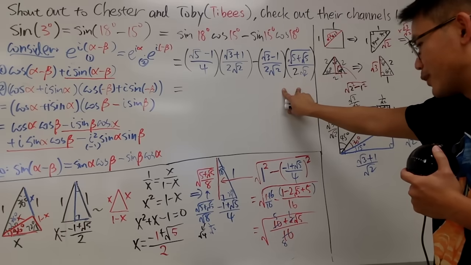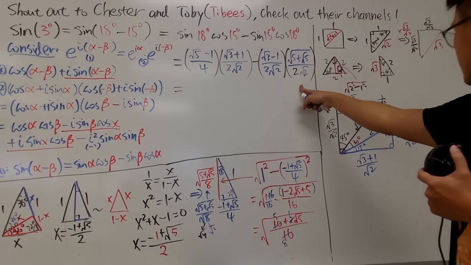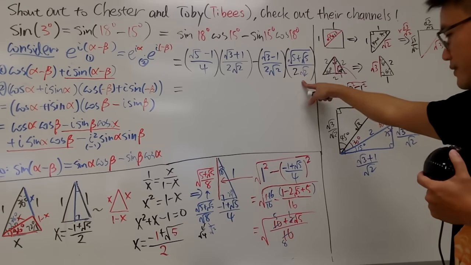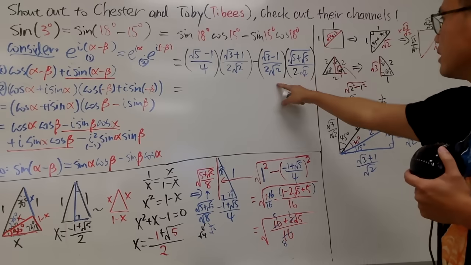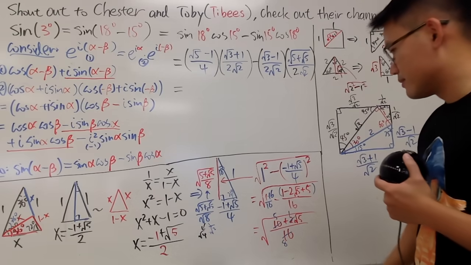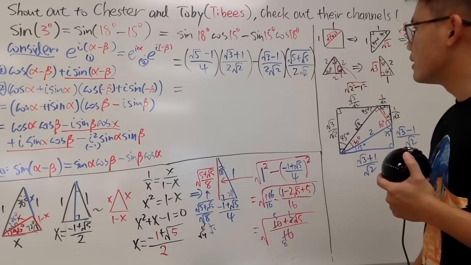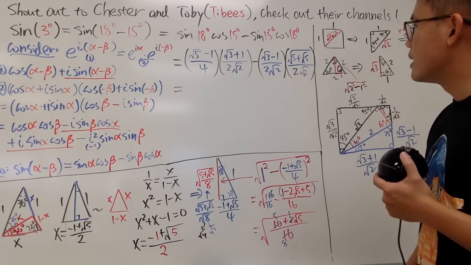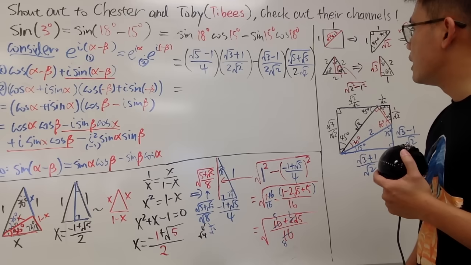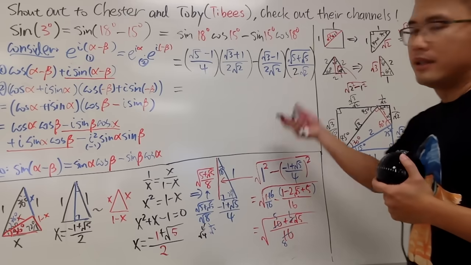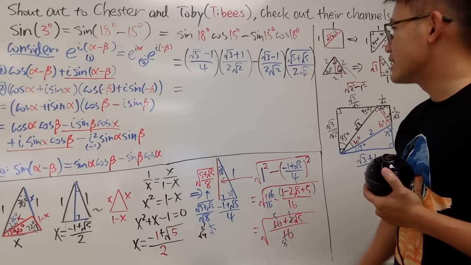Now I should get a 16 somewhere in the denominator. Cosine of 18 is square root of. Oh, I see. Let's just rationalize the denominator. That's nothing too much we can do. So let's just do that.